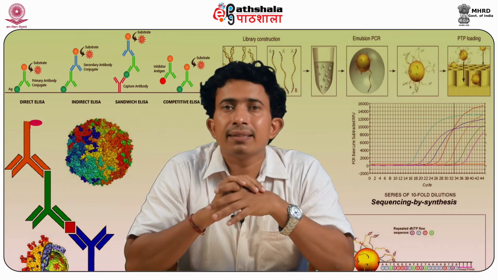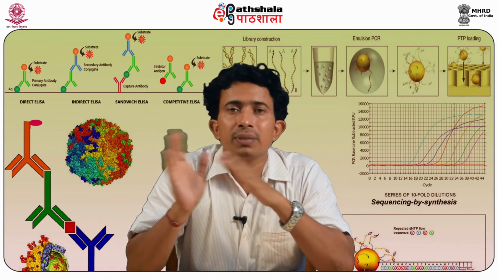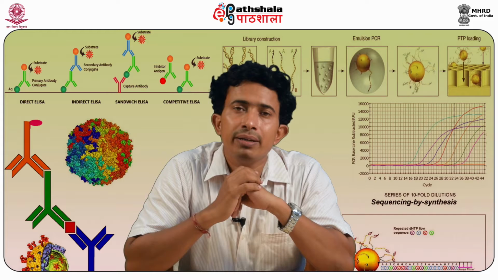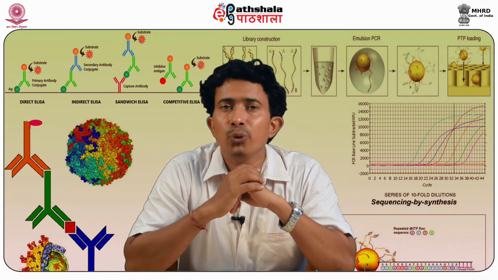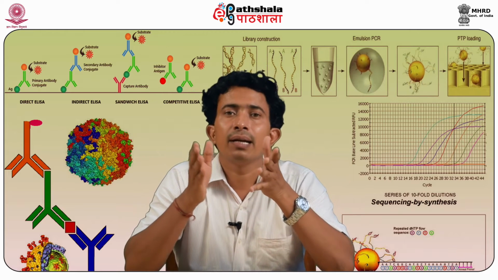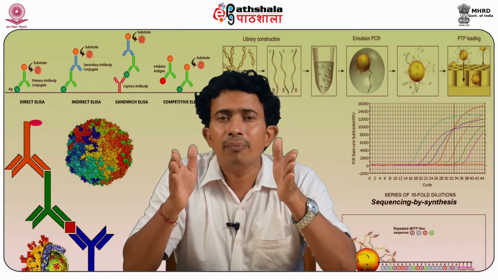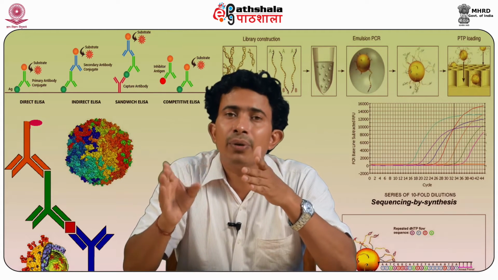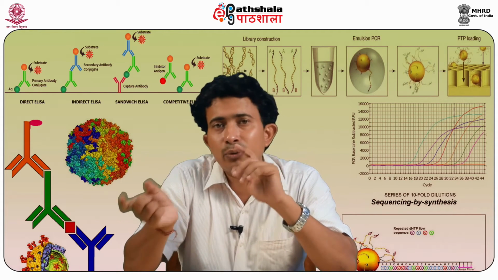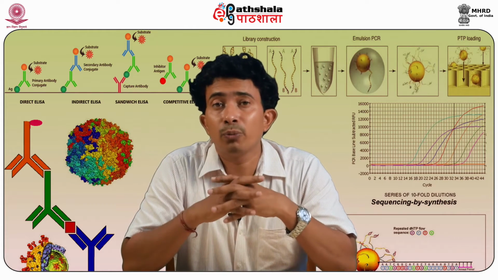So we can summarize the module as: microbes infect many organisms, many animals, many human beings, but only few get the disease. You will be surprised to know that when Mycobacterium tuberculosis infects 100 patients, the disease appears only in 10 patients actually. 80 to 90% of patients don't exhibit signs and symptoms of tuberculosis.